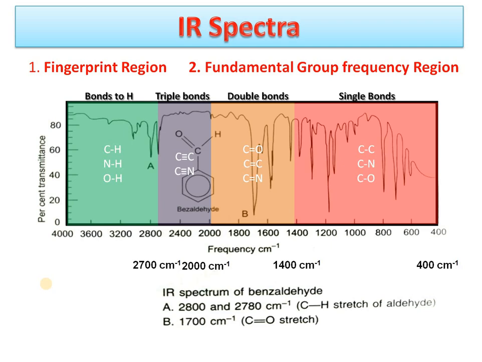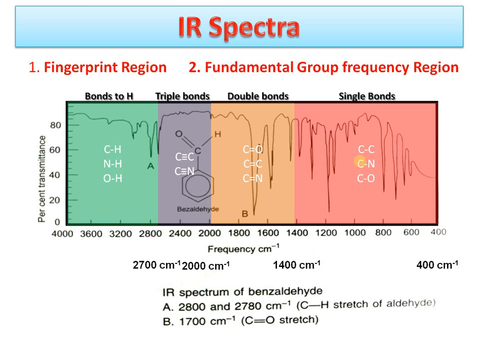In IR spectra, there are two main regions. The first region is called the fingerprint region, and the second region is called the fundamental group frequency region. Now if we see this IR spectra, the region ranging from 400 centimeter inverse to 1400 centimeter inverse will be called the fingerprint region.